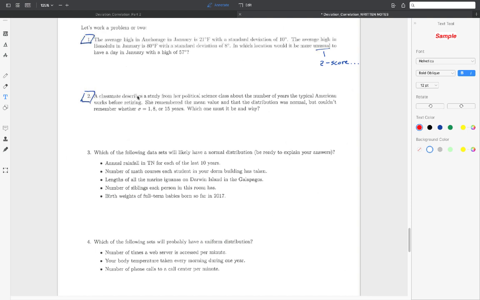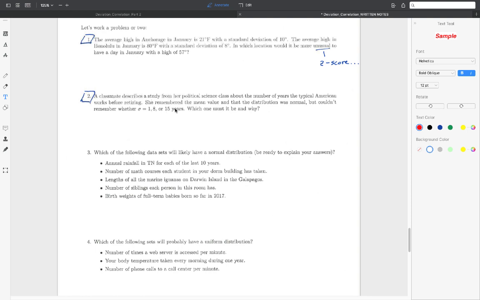For number 2, it says a classmate from her poli-sci class describes a study about the number of years a typical American works before retiring. That's important: the number of years the typical American works before retiring, so not age of retirement, but number of years worked. She remembers the mean value, and she knew that the distribution was normal, but couldn't remember what the standard deviation was.